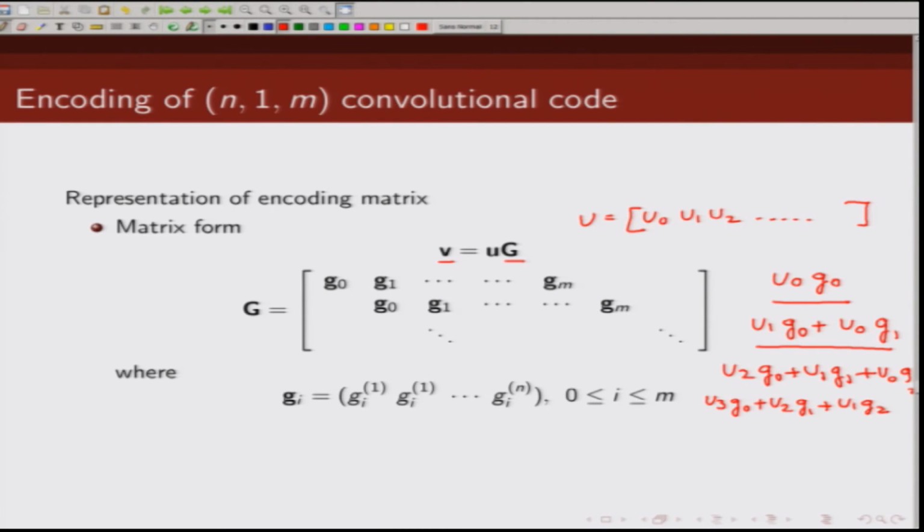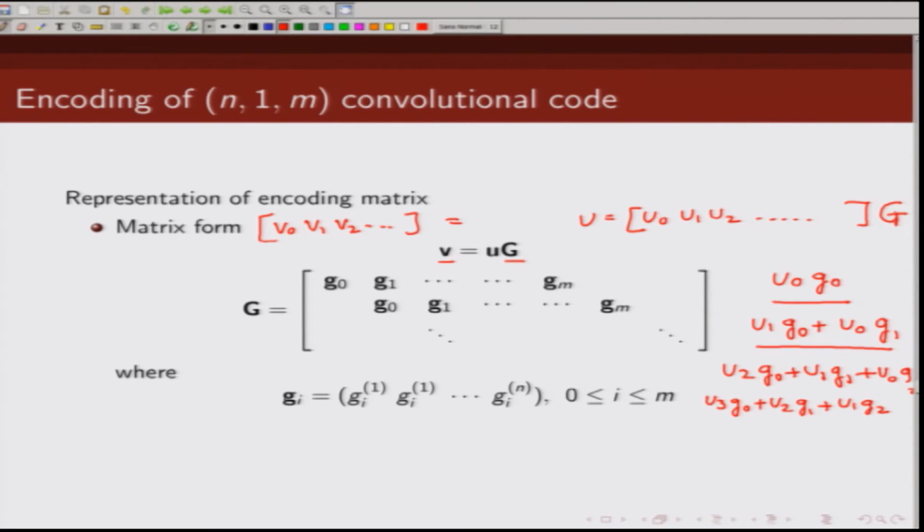Now, if we write the same thing in a matrix form, so what is V? V is basically V at time 0, time 1, time 2. If we write this in this particular form, it is equal to U times this matrix G. Now, you compare this equation with this equation. So, at first time instance, our output is U0, G0.